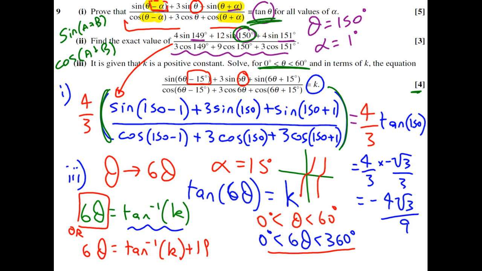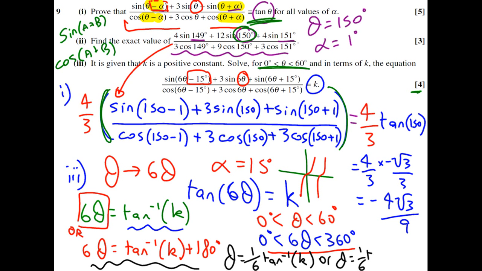But those are answers for 6 theta, you were asked for theta. So theta equals, divide by 6, 1/6 tan to minus 1 of k, or divide the second equation by 6, theta equals 1/6 tan to minus 1 of k plus 30 degrees.